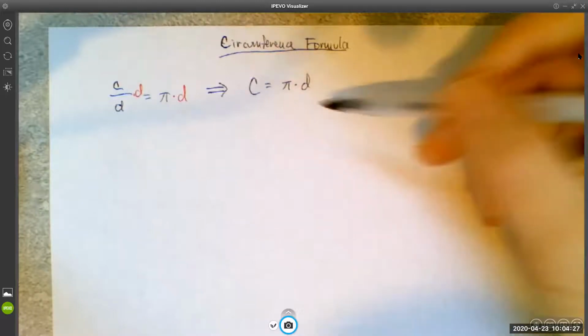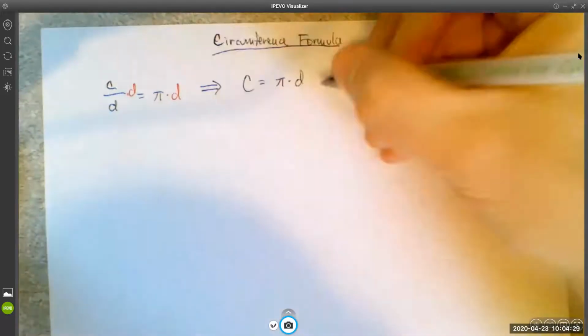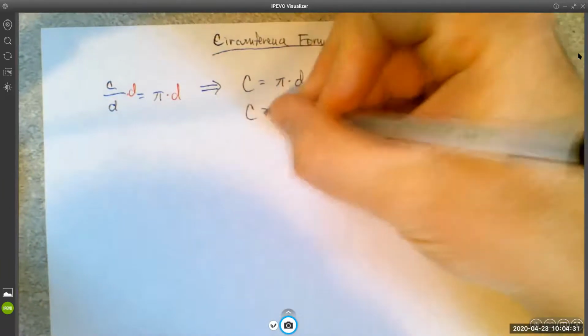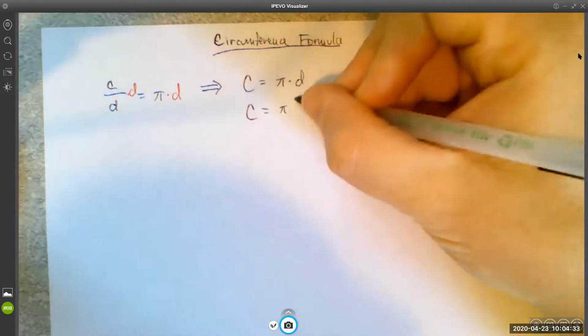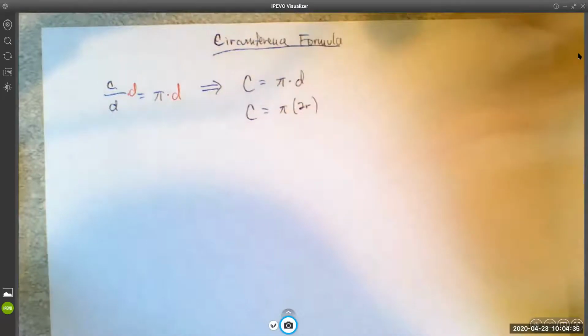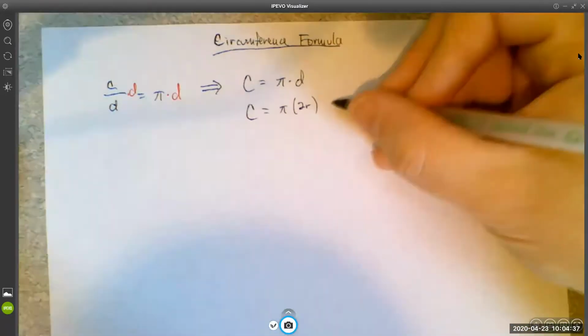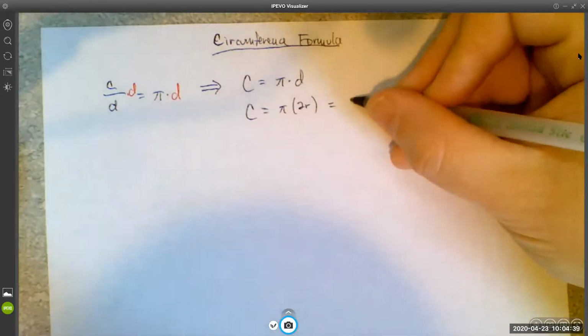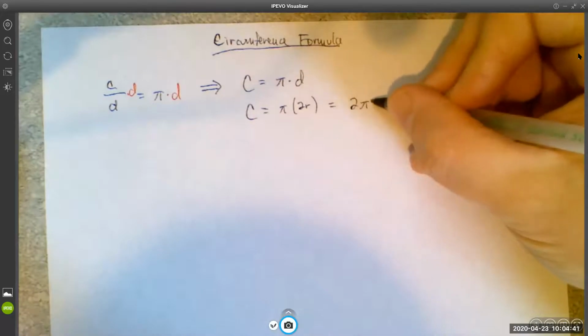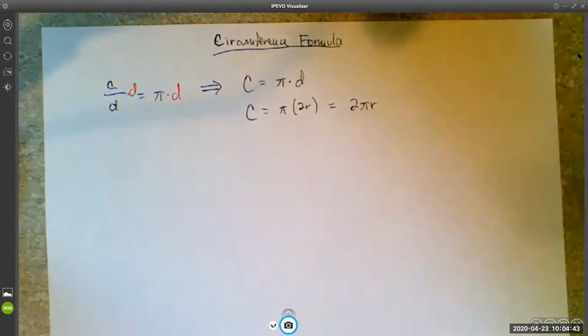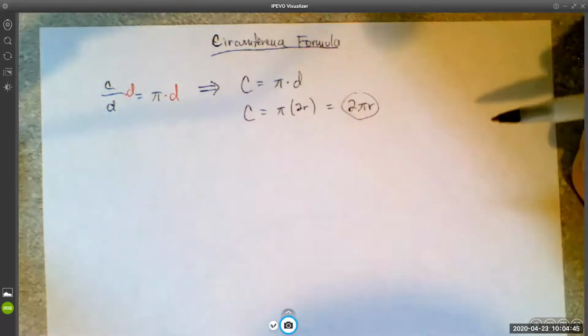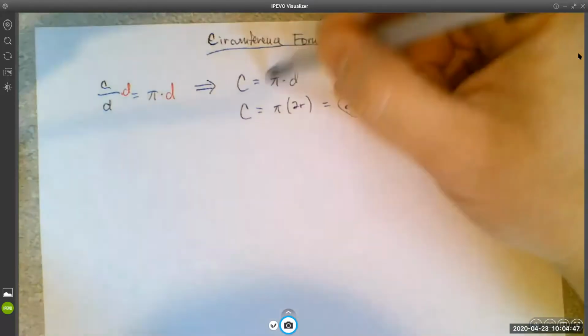So we could replace d with 2r. The diameter is just 2 times the radius. And if you rearrange the letters, that's just 2 times pi times r, which is a formula that you might be a little bit more familiar with. But either one of these will work.